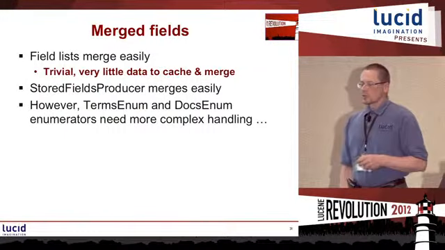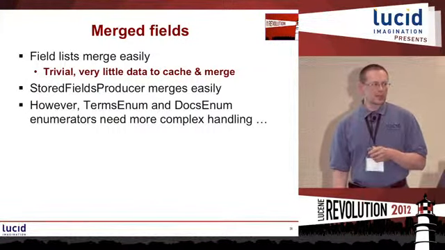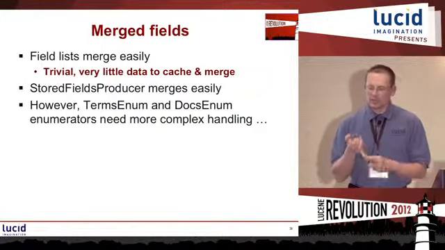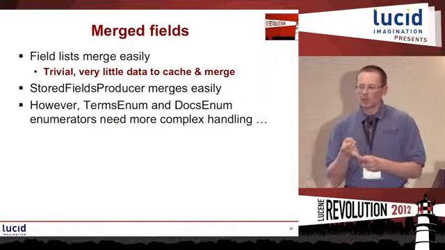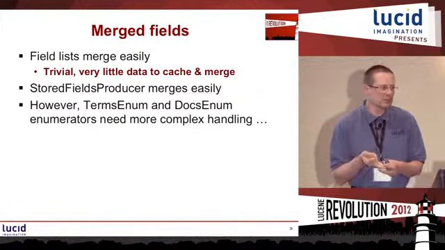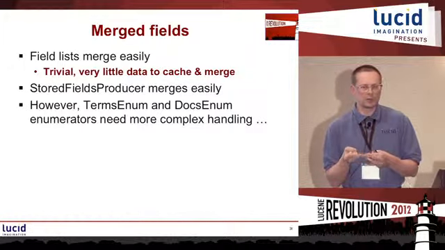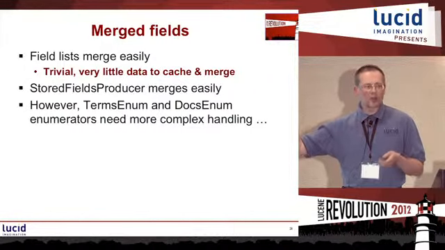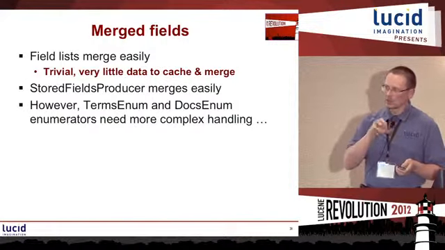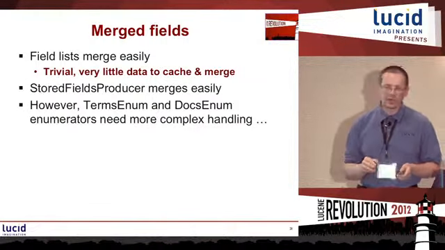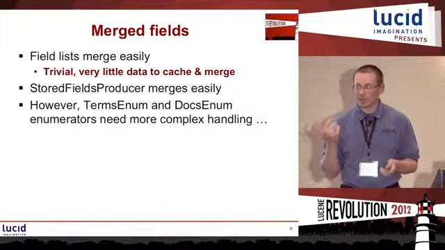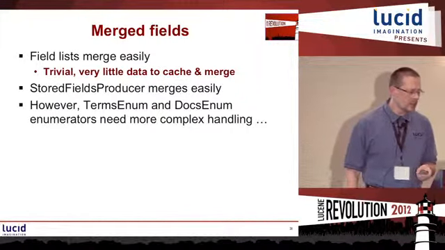Stored fields producer merges very easily, because as soon as you know what fields there are, and what is the target document ID, the new document ID, then you simply retrieve fields that are stored at the new document ID, and merge them with fields from the old document ID, from the old segment. So that part was really trivial. The implementation is like 100 lines or something like that.